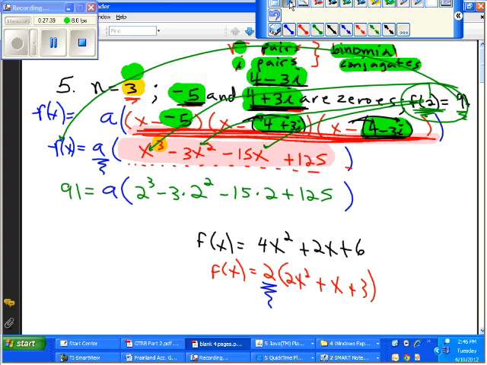We may get something larger or smaller than 91. We may have some reduced version.